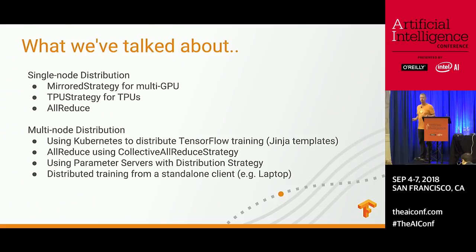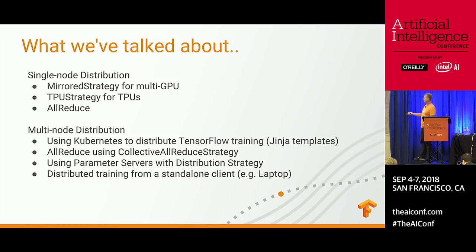So let's summarize what we've talked about here today. First of all, we went through the single node distribution strategy setup. We talked about the mirrored strategy for multiple GPUs within a single node, and we talked about the TPU strategy to distribute work to the TPUs. Okay? We also went through the all-reduce algorithm, which is used by distribution strategy to do this single node distribution. Then we talked about multi-node distribution.